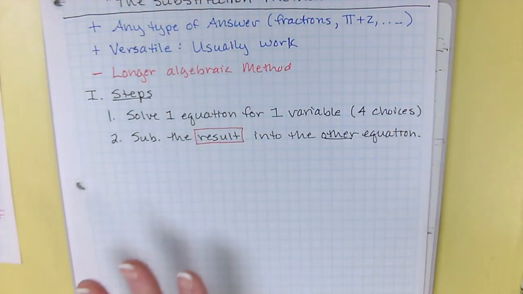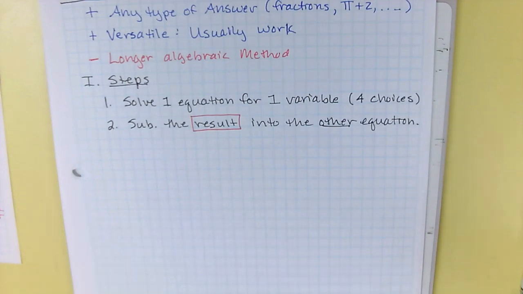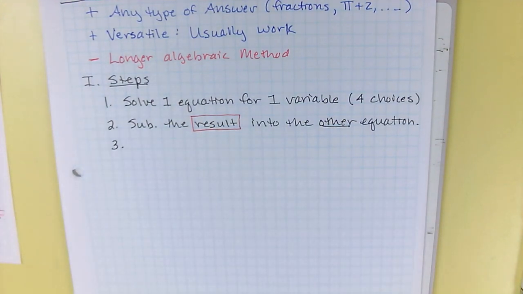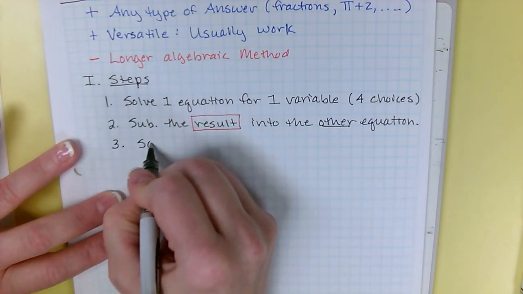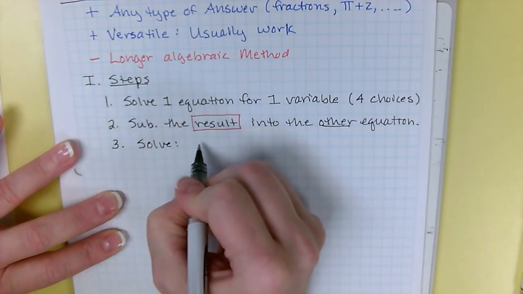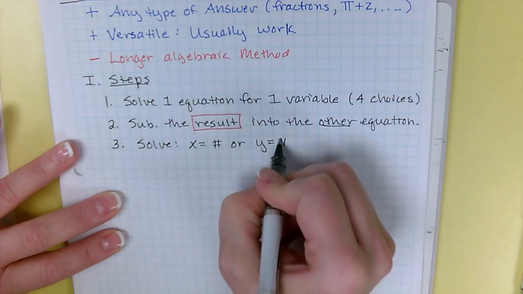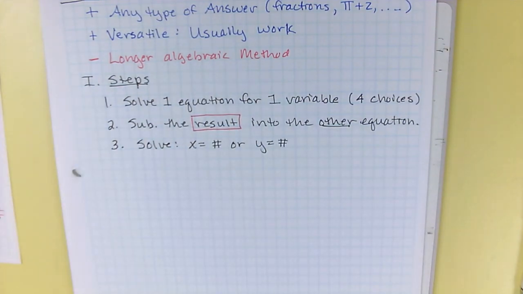And that's why this gets its name, substitution method, because you substitute one equation into the other. Okay, so on step 3, now you should have an equation that only has x's or only has y's. So you're going to solve, and you're either going to get x equals a number or y equals a number, one of the two, but you will actually get an answer.